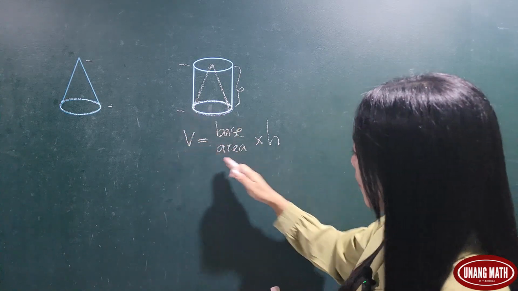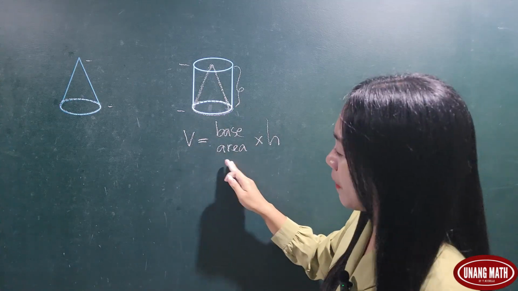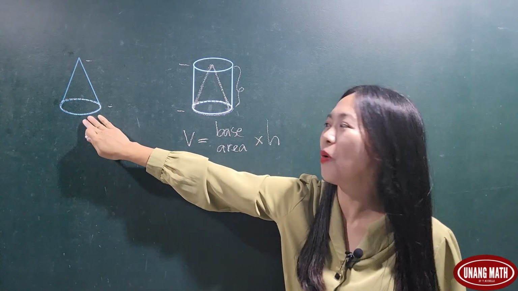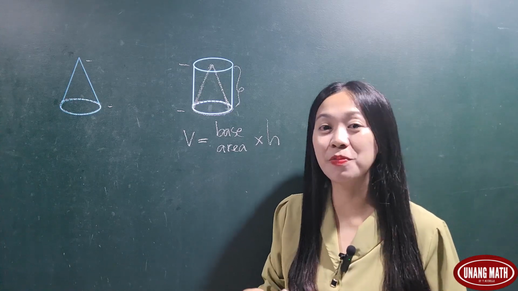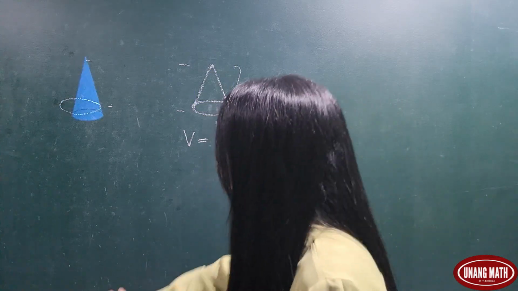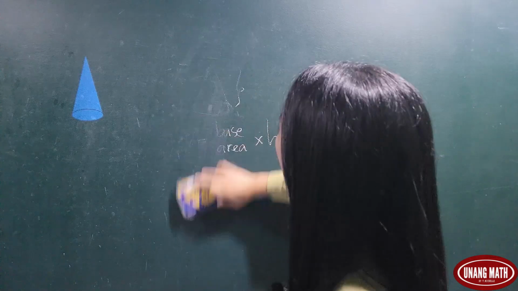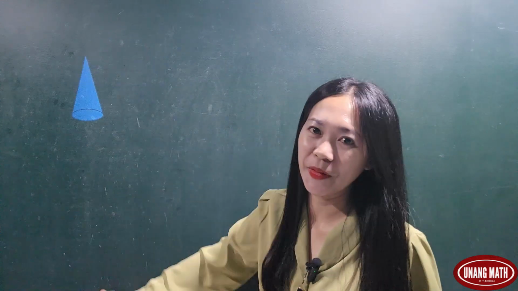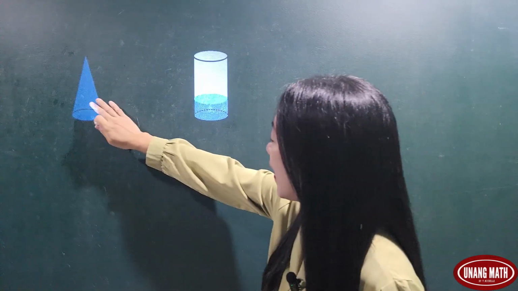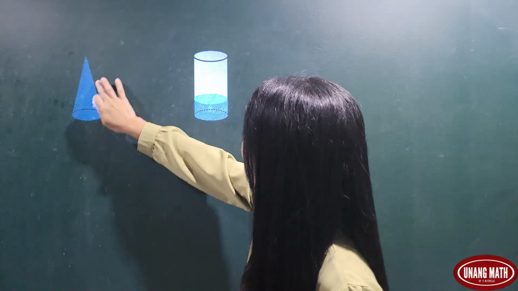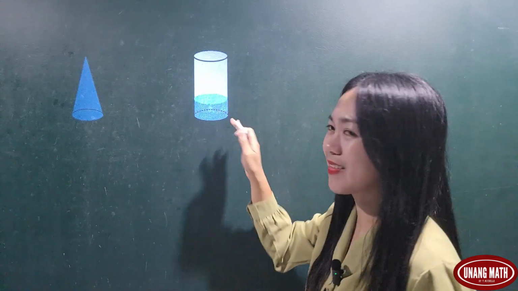Since we cannot use this formula in finding the volume of the cone, people experimented. They filled this cone with water, and then the water from this cone is poured in this cylinder.